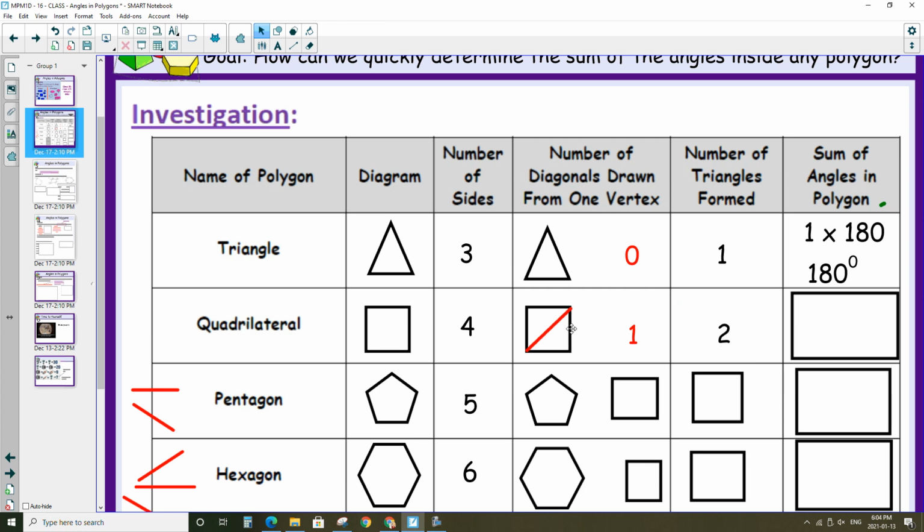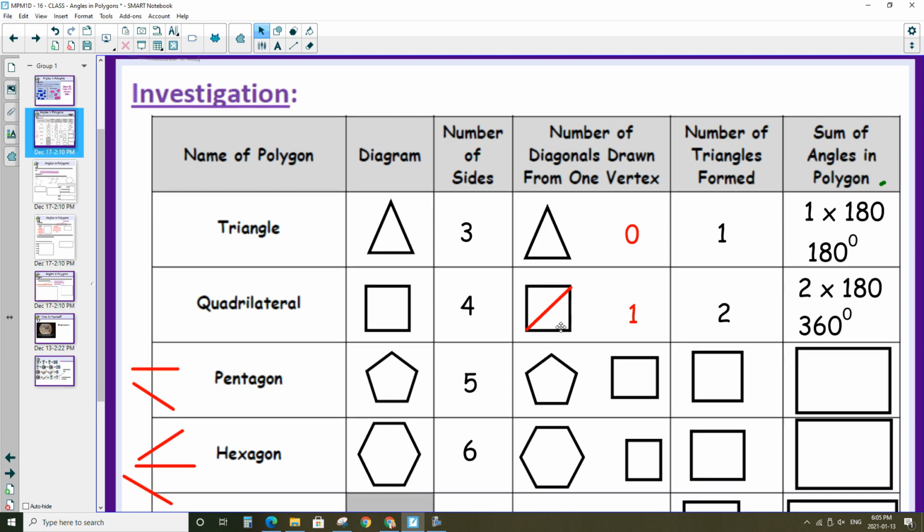The sum of the angles inside that shape is 2 multiplied by 180, which is 360 degrees, which we already know, because a square has 90, 90, 90, and 90. 4 times 90 is 360 degrees. But we can arrive at the same answer by breaking the shapes up into triangles, checking how many triangles we've created, and then multiplying that by 180 degrees.